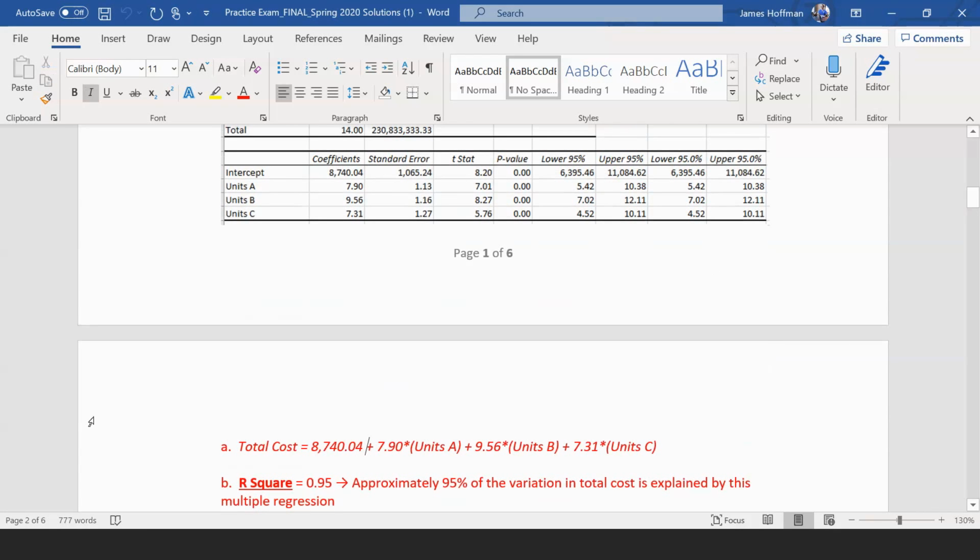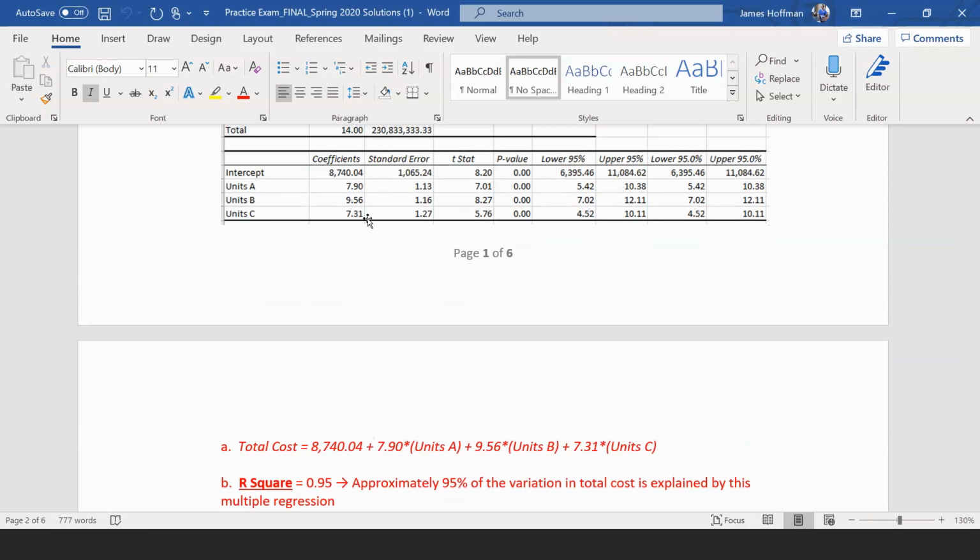Okay, plus the coefficient for unit A, which is 790 times unit A, and then plus the coefficient for unit B, which is 956 times unit B, and then finally plus the coefficient for unit C, which is 731 times unit C. So this is the effect of each of the variables on total cost.